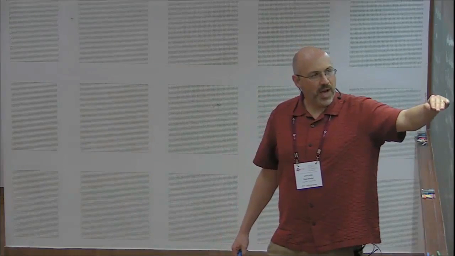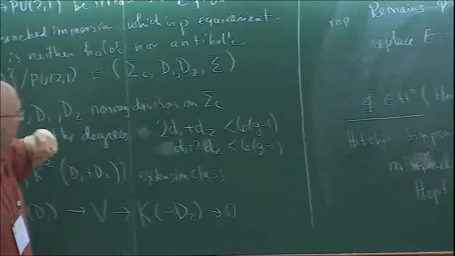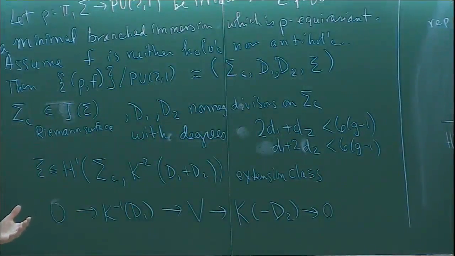But there may be some situations where you let some of this data diverge. For example, this extension class is a vector space, so it could go to infinity. If you do that in the right way, I believe that you should be able to limit on some of the other components.